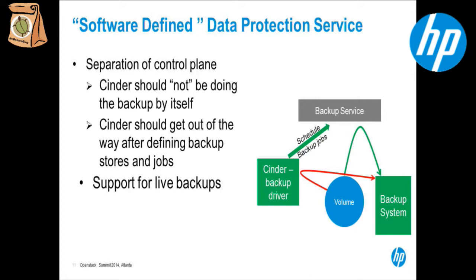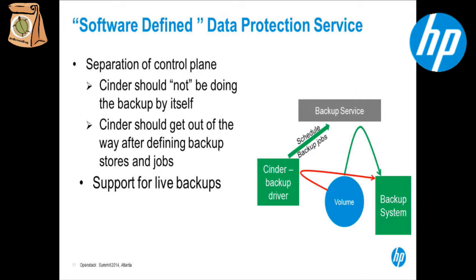What should ideally happen is Cinder backup should initiate the schedule of a backup job, and then just get out of the way, and the backup service should do the backup job, so that even if Cinder dies, the backup job still completes.